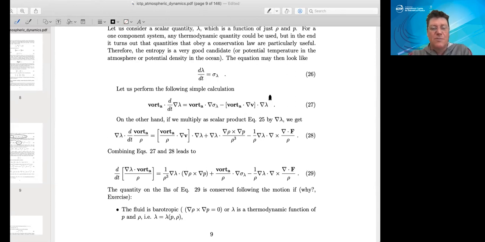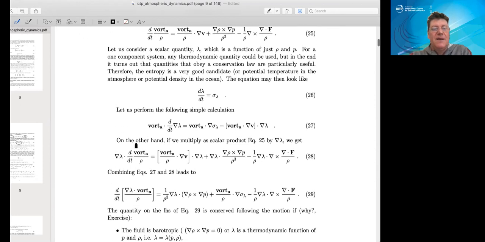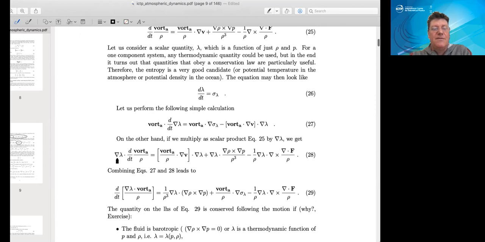So it looks quite complicated, but the reason why we do this can be seen immediately, because now if we multiply this equation here, the vorticity equation slightly modified, with the gradient of lambda, scalar with the gradient of lambda. So what we get now is a scalar, because we have a vector and another vector, and they are multiplied in a scalar form.